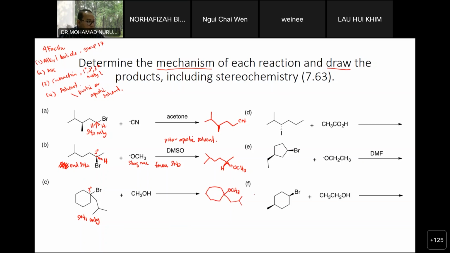Maybe you can draw only the products. For the first one, you have to make sure the number of carbons is correct. So 1, 2, 3, 4, and 5. This is 1, 2, 3, 4, and 5. This is the correct one.